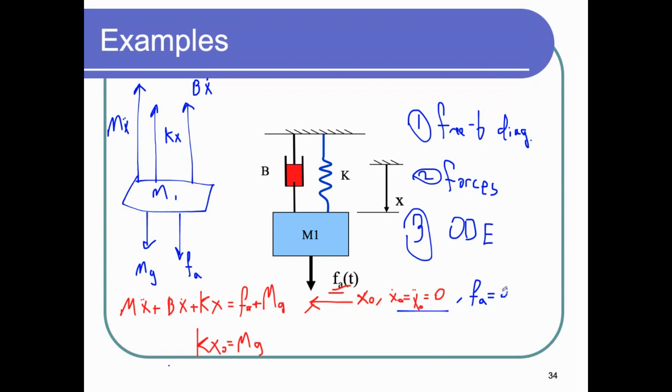So the equilibrium position is the position at which you start the differential equation. You want to find the solution according to a certain initial condition and study the effect of the force. At the initial condition, you have no external force F_a, and no velocity or acceleration.